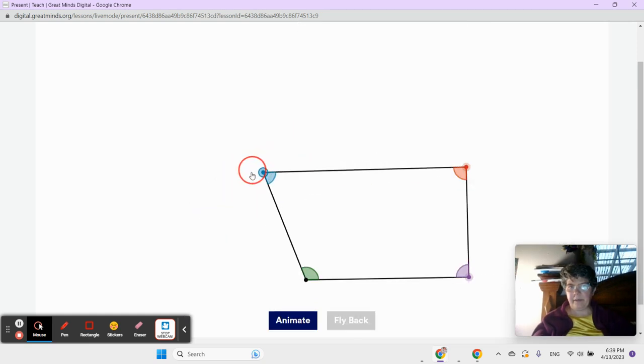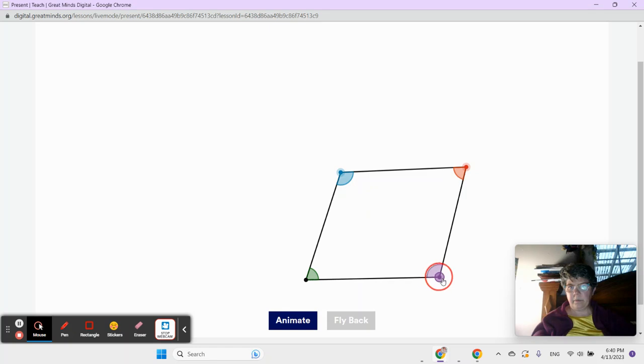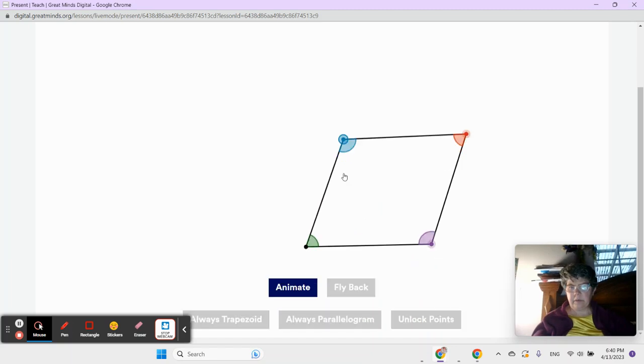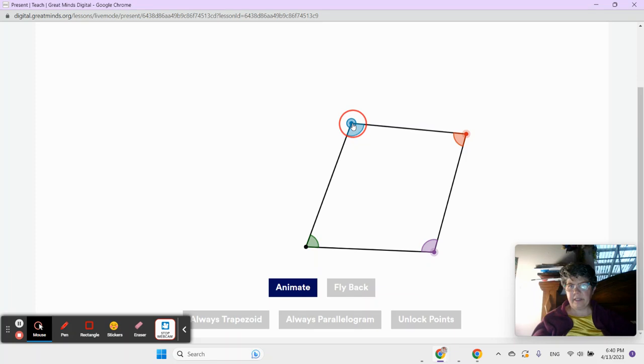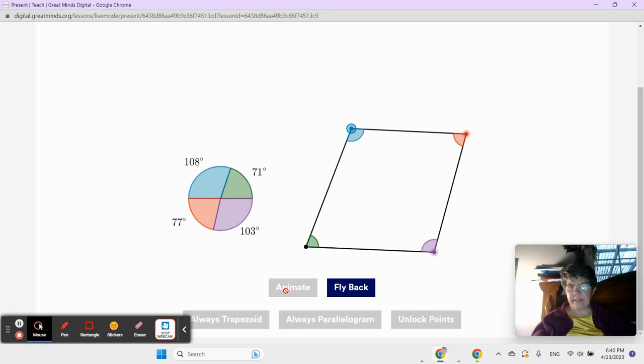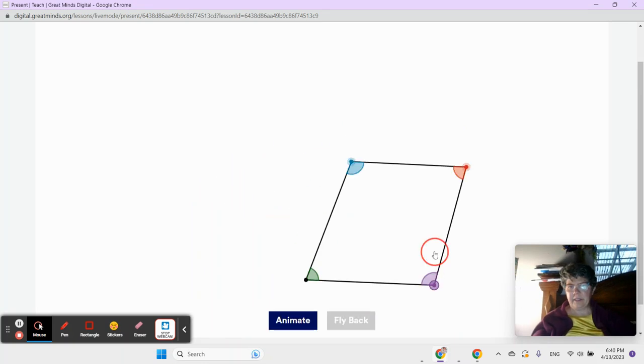How about, can we make it a square? Working on a parallelogram here. Opposite sides parallel. Still adding up to 360. Not quite a parallelogram.